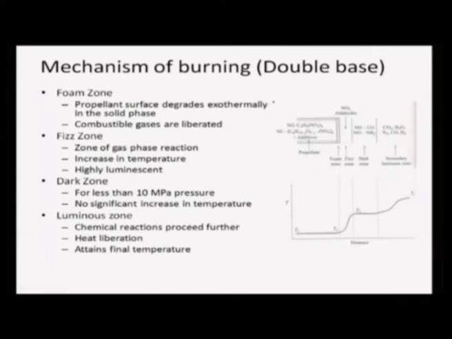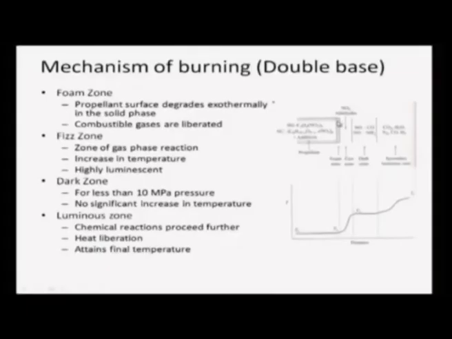Now, in the combustion of these propellants, like we have discussed earlier in various combustion courses, any solid propellant goes through a particular process of burning. The first process is pyrolysis, where because of the supply of certain energy, the propellant starts to evaporate from the surface.